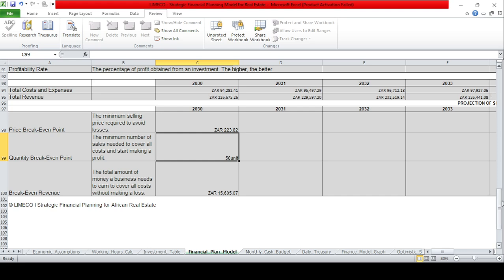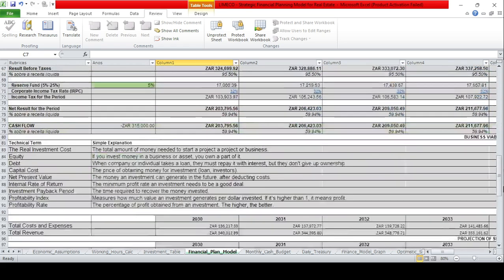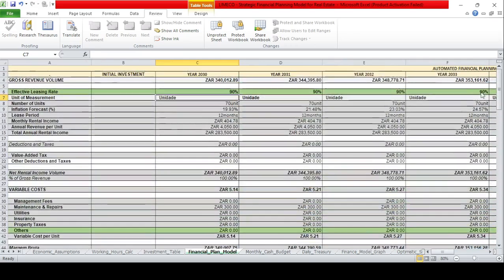But okay, now if we increase it, we need 38 units.